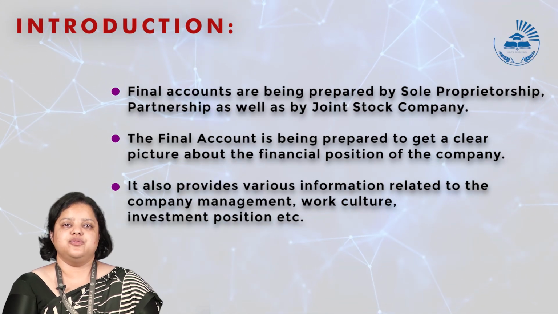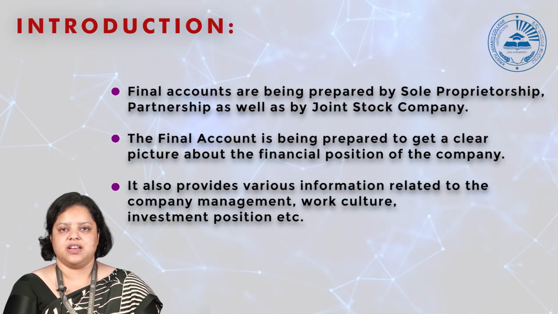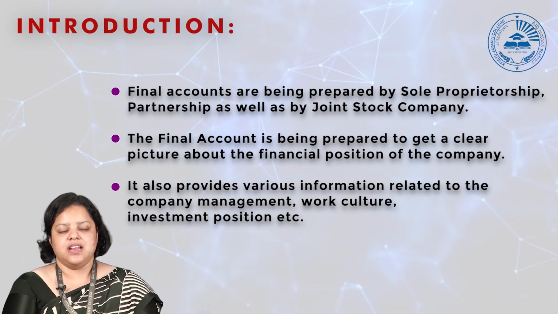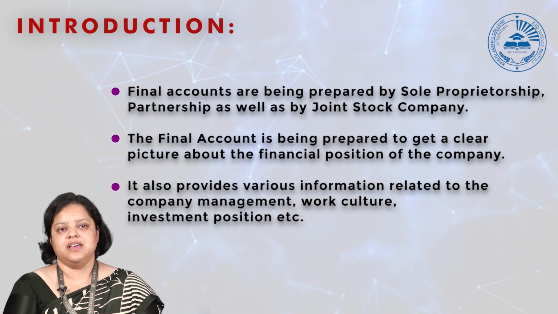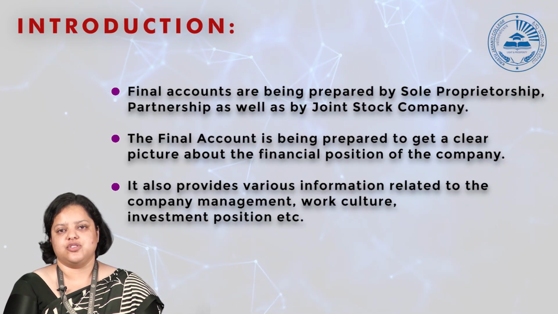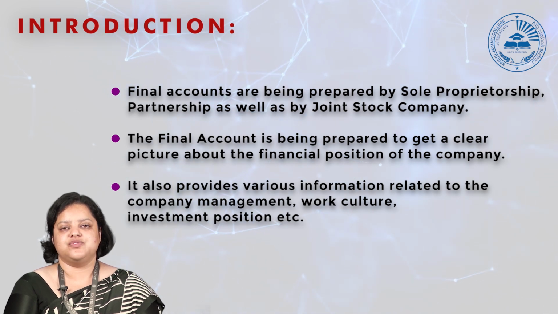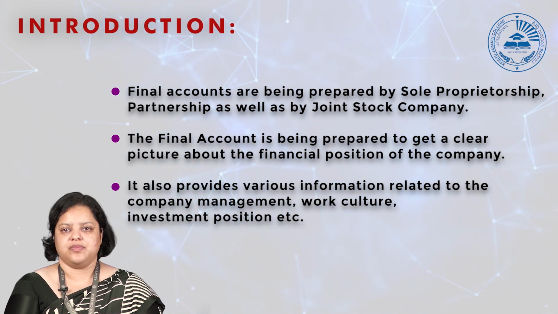Before going to the balance sheet, first we will learn about the final accounts. The final accounts are prepared by all kinds of companies, like sole proprietorship, partnership, as well as the joint stock company. Sole proprietorship means companies which have only one owner.